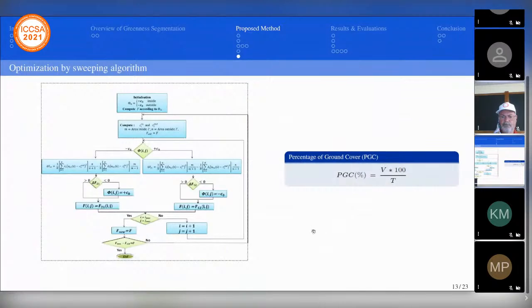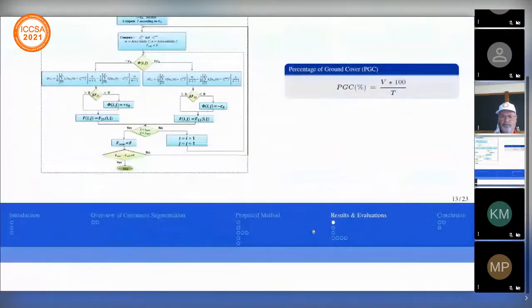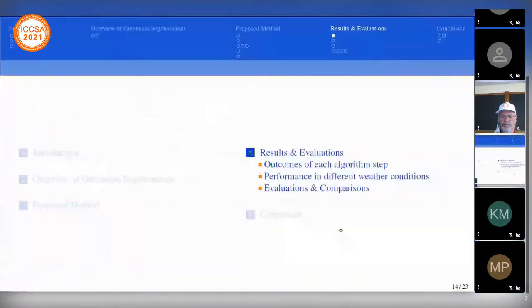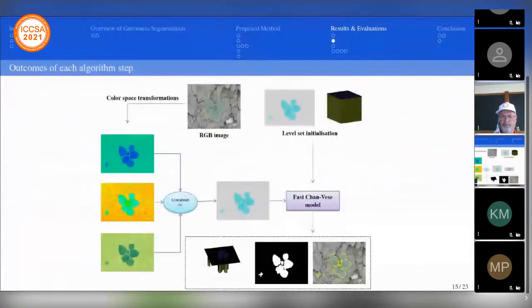To present the results of the proposed algorithm, as a first step, we present the outcomes of each algorithm step. For a given RGB image, color space transformations are used, and then we select the A, H, and Cb channels that are concatenated to obtain an image.